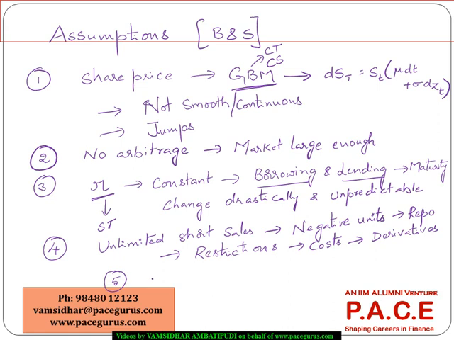But one more assumption regarding the derivation of the Black-Scholes formula is that there are no taxes and no transaction costs. Very important part, because people continuously get into buying and selling processes to create a no-arbitrage portfolio or zero risky portfolio.